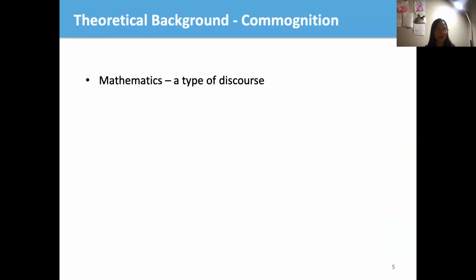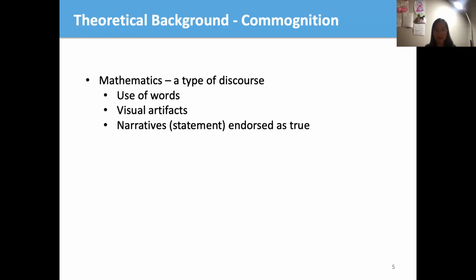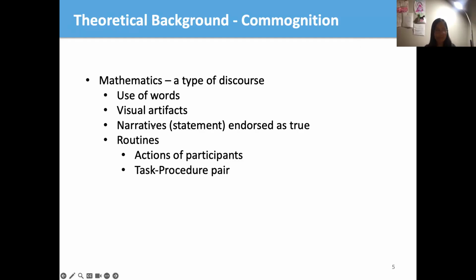So to do that, we adopted commognition by Sfard 2008. In commognition, mathematics is viewed as a type of discourse that has the following characteristics: use of words, visual artifacts, narratives that are endorsed as true in mathematics, and routines that explain the actions of participants based on what they see as a task situation and the procedure they adopted to accomplish that task.